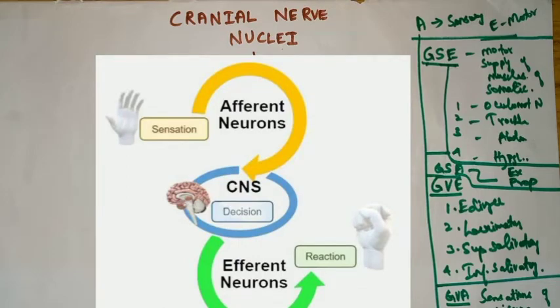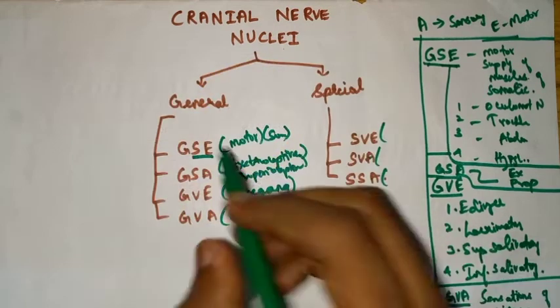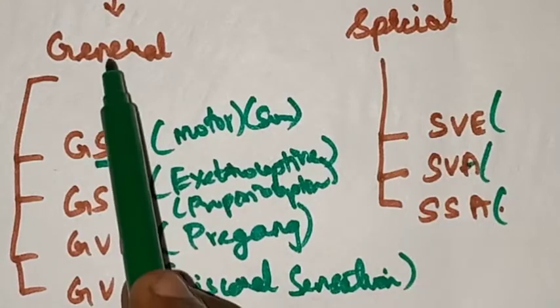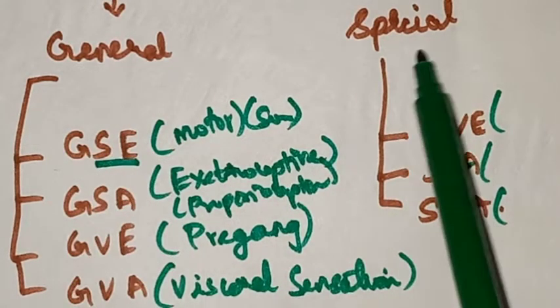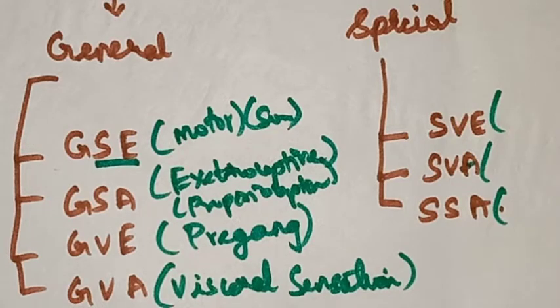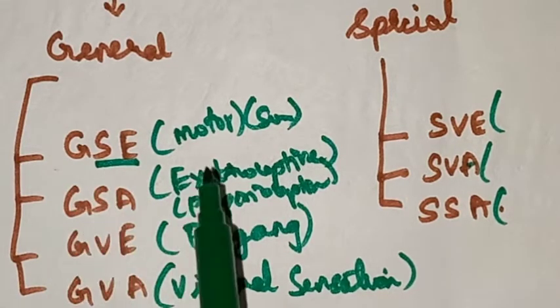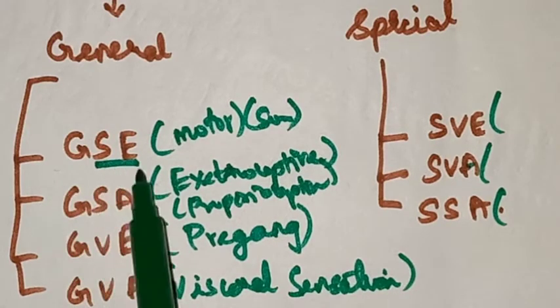Motor simply means movement. So we have divided this as general and special. In general we have 4 components and in special we have 3 components. These may differ for different cranial nerves, but as a whole, wherever you see GSE it means the same. So let's start from GSE, which is general somatic efferent. What is this term trying to tell us?